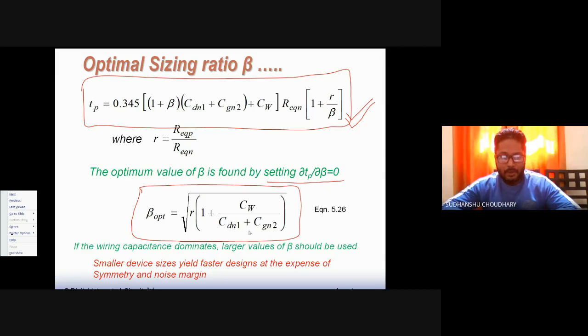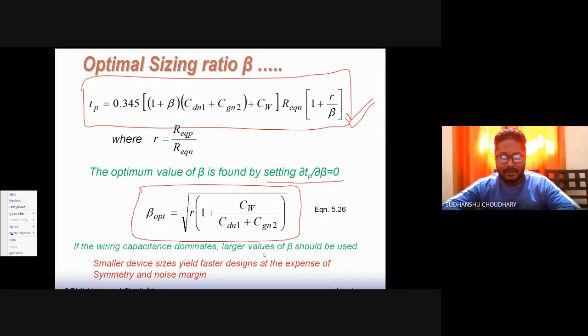Now if the wiring capacitance dominates, that is the total load capacitance also then dominates because of this wiring capacitance, then one can think of keeping larger beta values, that is, the sizes of the devices in the inverter can be increased because my wiring capacitance is large, so load is more. One can think about increasing the size of the inverter until the point where the inverter self-loads itself.